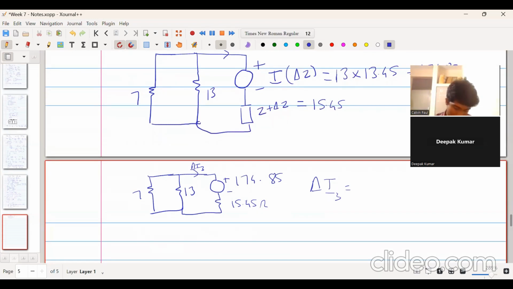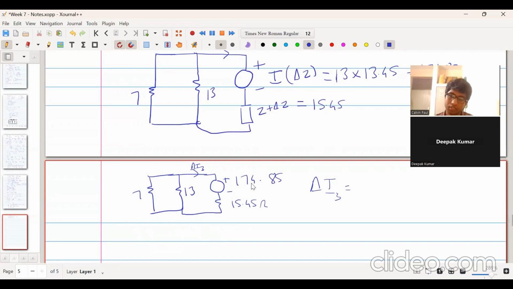We don't know the node voltage. What we do is, 7 and 13 is a parallel resistance, plus this resistance.